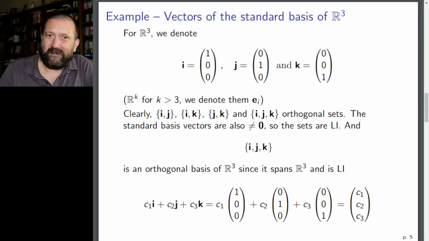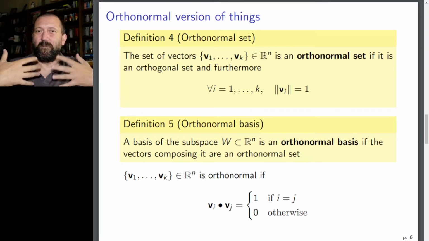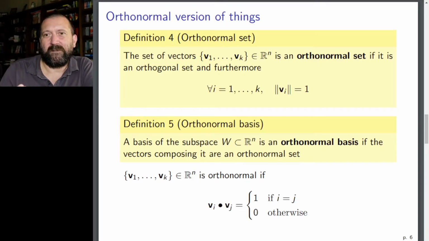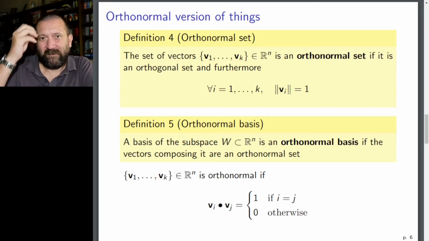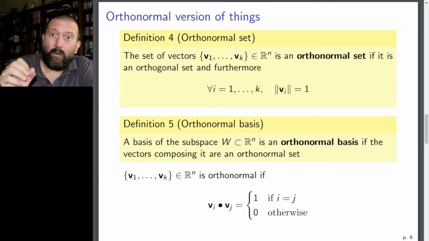And actually, we can go a bit further. It's what we call an orthonormal basis of R3. So to what we defined before, we add the requirement that the vectors be of norm 1.